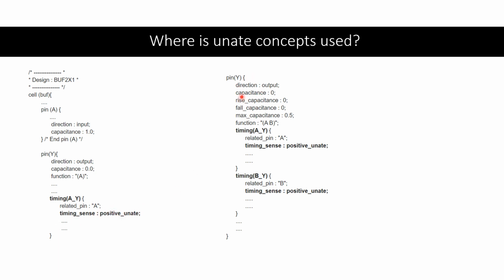Similarly, this is an AND gate example. Here you have A to Y, which is a positive unit, and B to Y, as we saw for an AND gate, is also a positive unit.